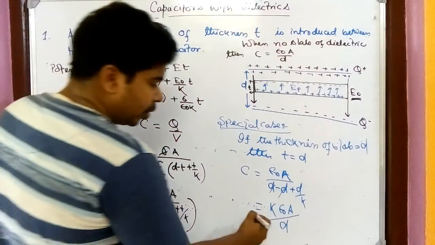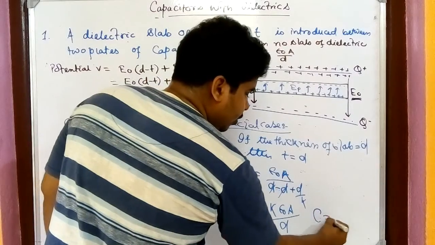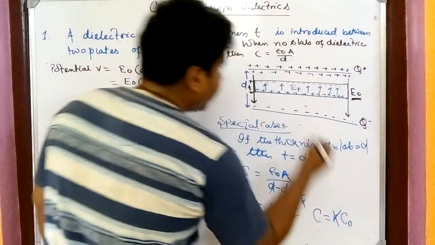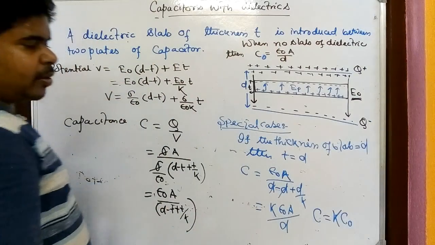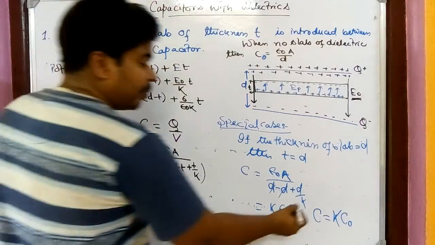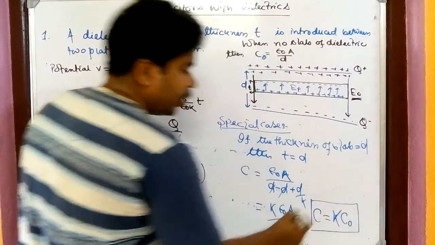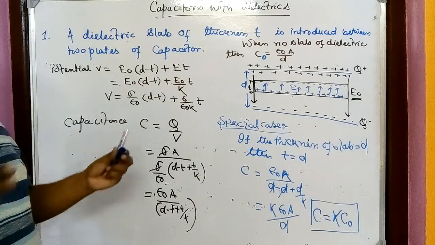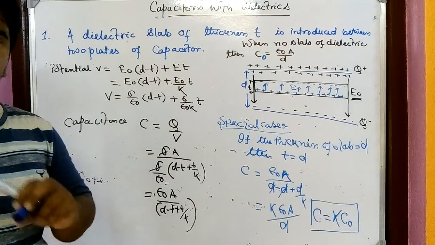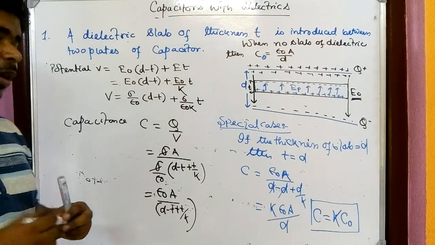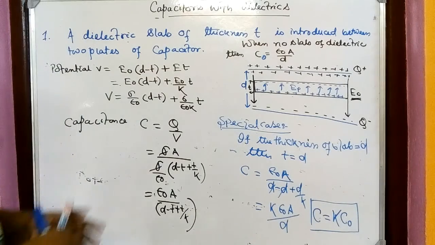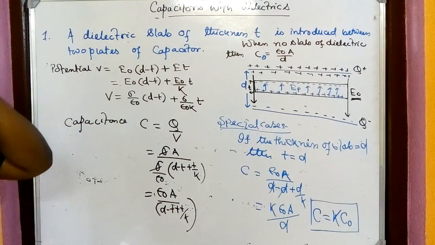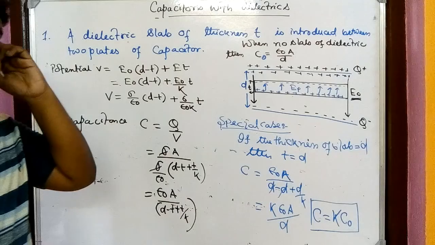So we can mention that C equals K into C naught. So the capacitance is increased K times if you introduce a full slab of dielectric, compared to the capacitance when no slab is introduced.